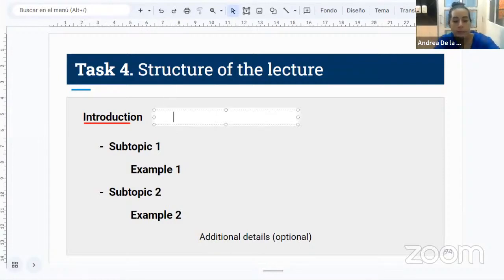So, for example, let's say that this lecture will be about camouflage, animal camouflage. So that is a topic. In the introduction, you will know what the topic is, and you will probably have a short explanation about that topic. So the professor may give you a definition of what camouflage is, maybe some examples. So you will have that in the introduction. That is the topic and the explanation.